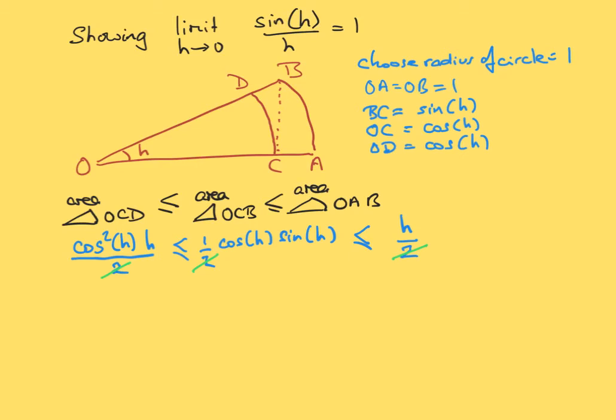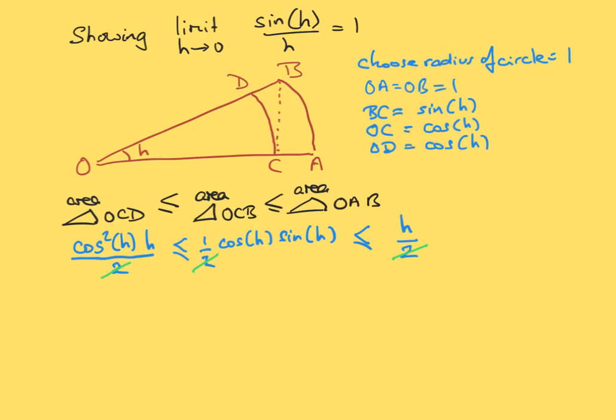The reason is that if I do that, I'm going to get sine of h over h, which is what we're interested in. But we're also going to have a cosine of h here, and I don't really want that. So let's divide everywhere by a cosine of h. As long as our angle is small, the cosine of h is going to be positive, so again we don't need to worry about changing our inequalities in any way.